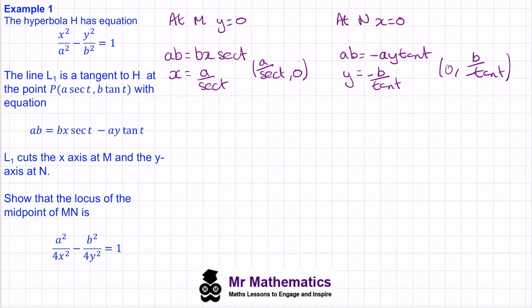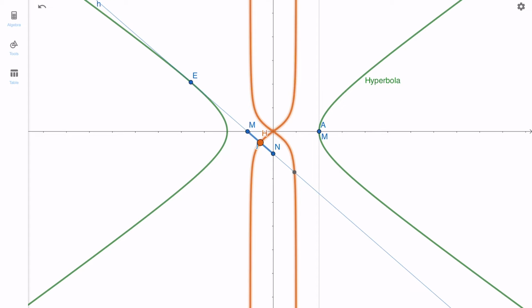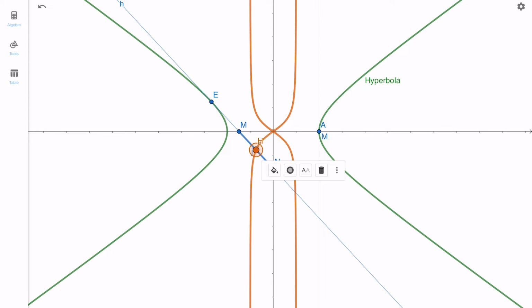Now if we go back to our diagram, we have M and we have N. We can now work out the midpoint. If we just make this a bit bigger, you'll see it more clearly. We can work out the coordinate of a midpoint by halving our x value and halving our y value.